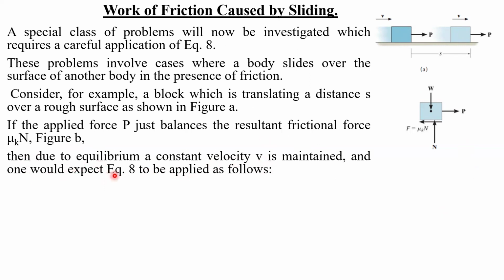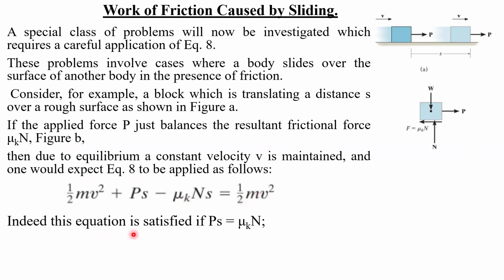And then we expect that equation 8 can be applied as follows: the initial kinetic energy plus total work done by all the forces on the system is equal to the final kinetic energy.